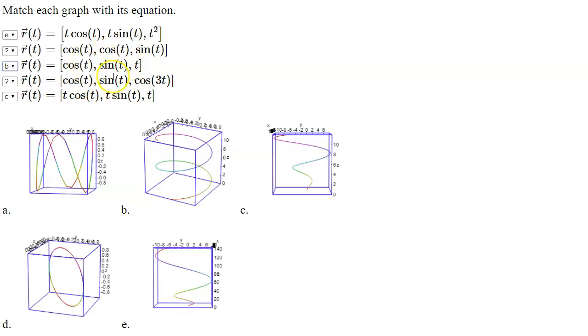Now if we look at the remaining two equations, this bottom one has the z value oscillating like a cosine function up and down at a rate 3 times bigger than the rotation of x and y. Whereas in the top equation, actually it looks like in this one that we have a cosine and sine pair in x and z, and also in y and z, but that x is equal to y.